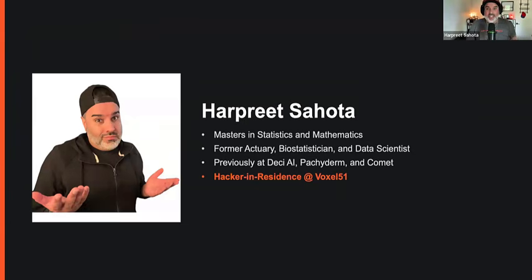I'm Harpreet Sahota, by the way. I work on FiftyOne. It's the open source library. It's for understanding and curating visual data sets and physical AI data sets. My job here is a hacker in residence, so I pretty much work on a lot of cool stuff. I try to push FiftyOne to its max. I try to find new ways to use FiftyOne, integrating models and data sets and building out plugins and things like that.